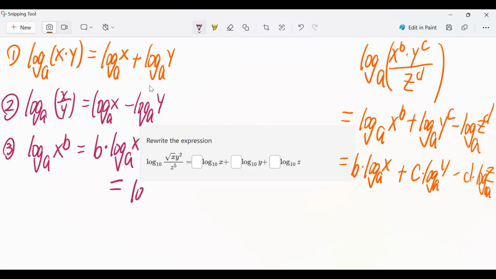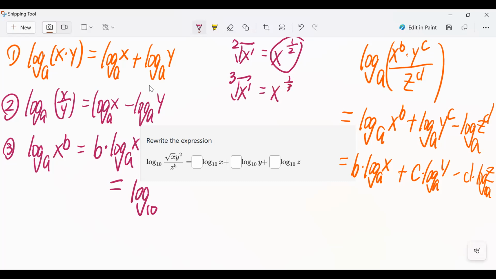So first of all, we get log 10 of the square root of x. Remember, we can always turn this into an exponent by keeping the base and putting the power over the index. So this becomes x to the half. Similarly, let's say the cubic root of x becomes x to the 1/3, and the fourth root of x becomes x to the 1/4 power.